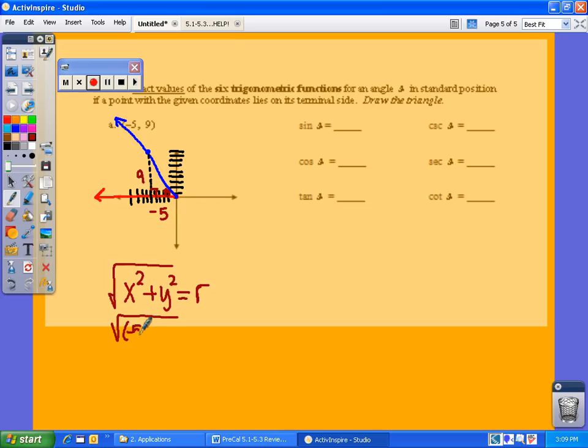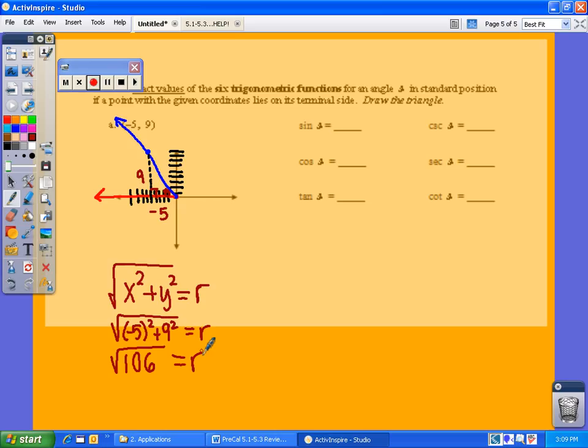So we have negative 5 squared plus 9 squared equals r squared. 25 plus 81. That gives you 106. So that means that r is the square root of 106.